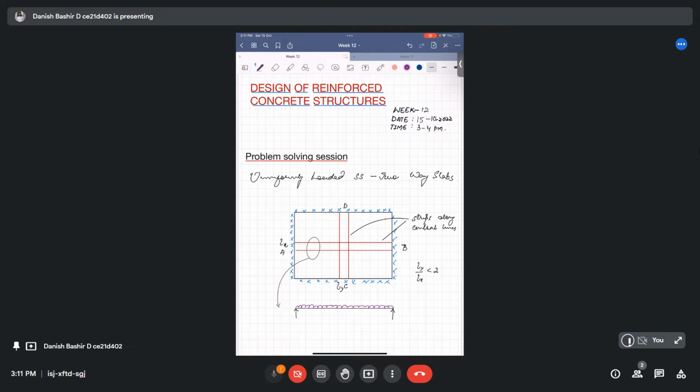Let us denote this UDL as Wy, and it has a span of Ly. And its elastic curve is like this one.